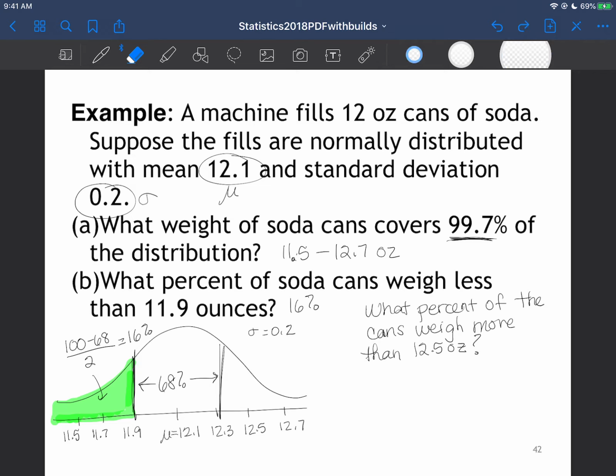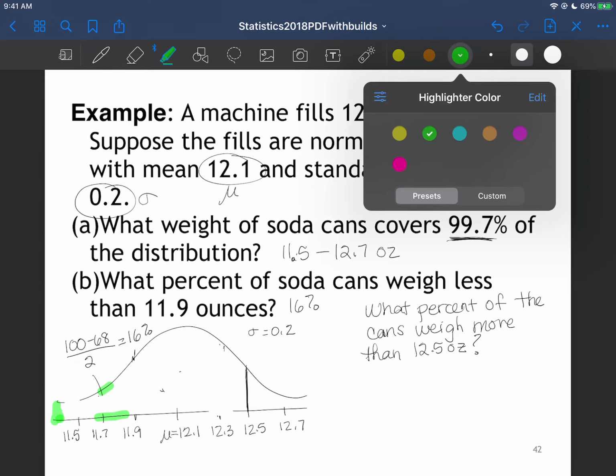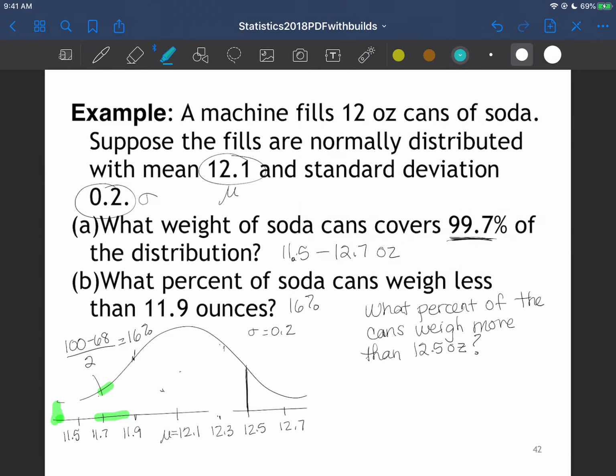Let's undo that. Let's just erase a little bit. Okay, so I want to know something about 12.5, and I want more than 12.5, so I'm going to shade the region to the right of 12.5. These are values that are greater than 12.5. So this is what I'm interested in.